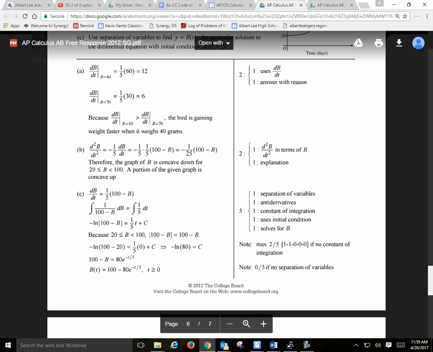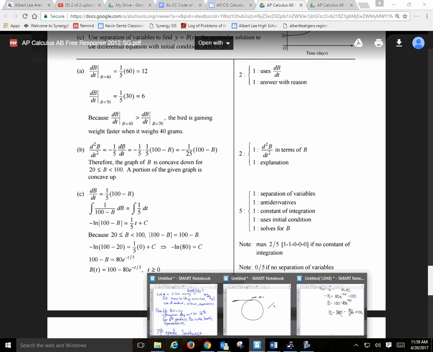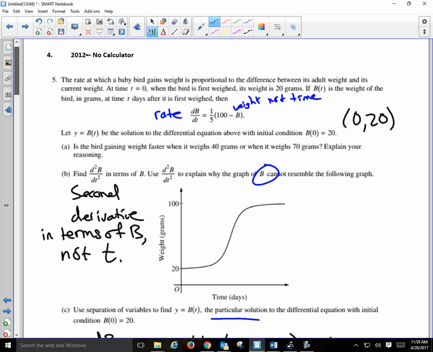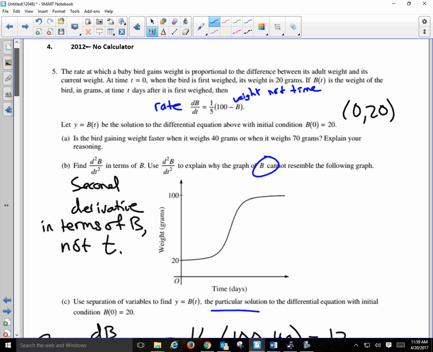Yeah, so when I did the problem and I took the derivative, I knew something was going on. My indication right away was when I took this derivative, dB divided by dt is equal to, I distributed the 1/5, and I got 20 minus 1/5 b.